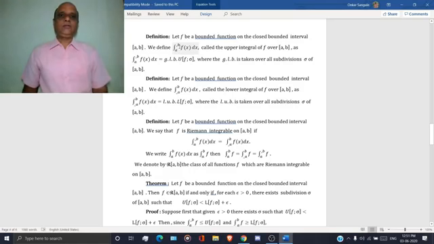There is a bar below b, that is the upper limit, and so it is called an upper integral of f of x dx, and it is defined as: the upper integral a to b of f of x dx is equal to the greatest lower bound of the upper sum for f corresponding to subdivision sigma. This greatest lower bound is taken over all subdivisions sigma of the closed interval ab.